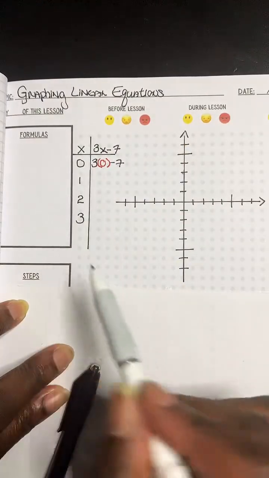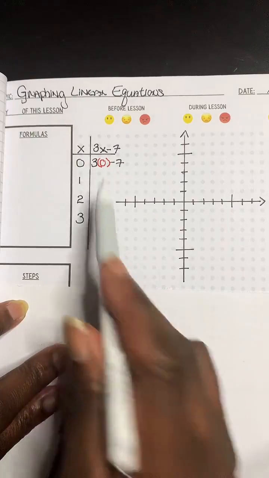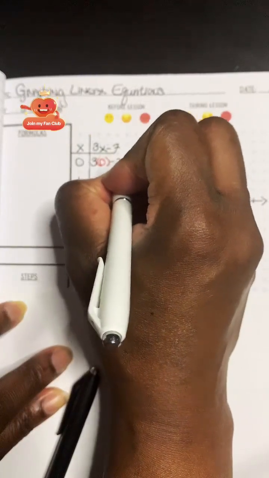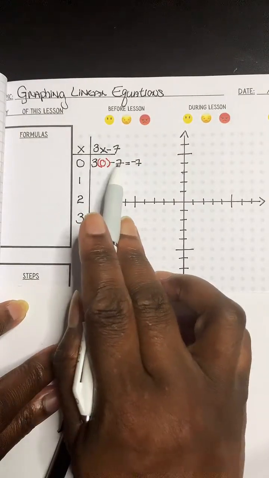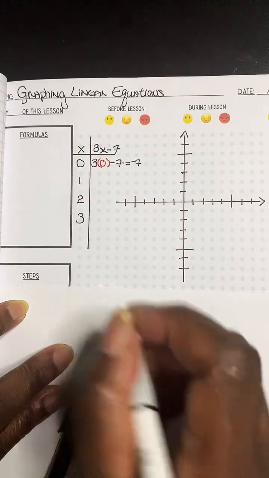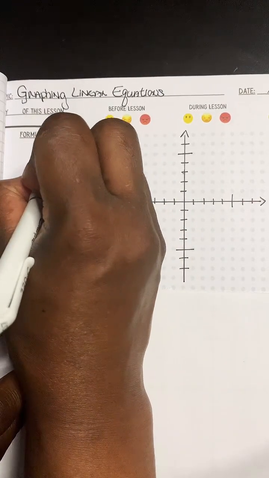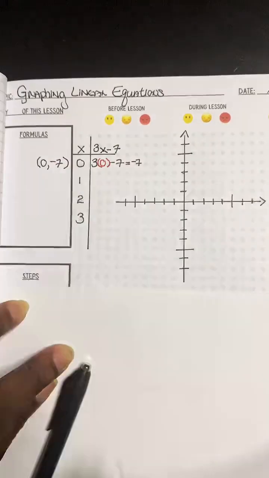So 3 times 0 is 0. 0 minus 7 gives me a -7. So you just created a point of value. The ordered pair is going to be (0, -7).